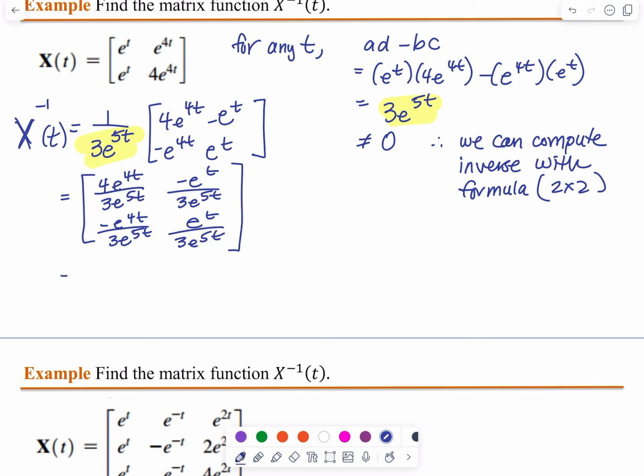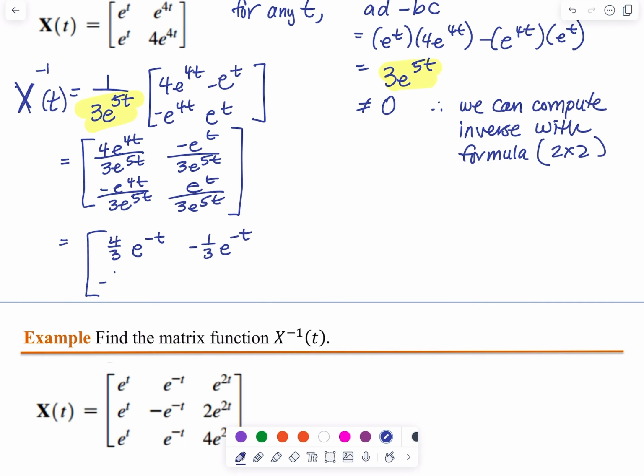And we come up with 4/3 e to the negative t, negative 1/3 e to the negative t, negative 1/3 e to the negative... I think I made one little error here. That should be negative e to the t.